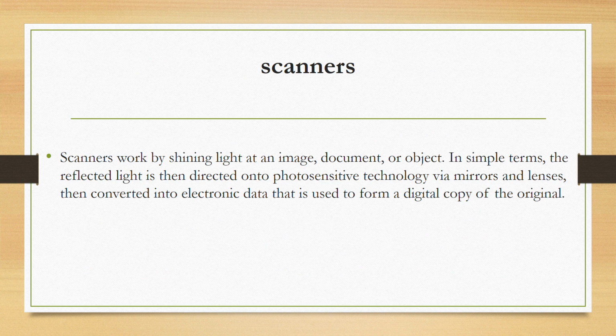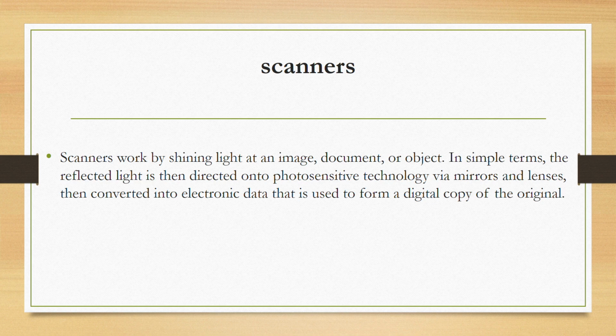We come to scanners, which work opposite to printers. Scanners work by shining a light at an image. You put a paper there, and there's a lamp underneath that shines light under the document. The reflected light is then directed into photosensitive technology through mirrors and lenses, and converted into electronic data.